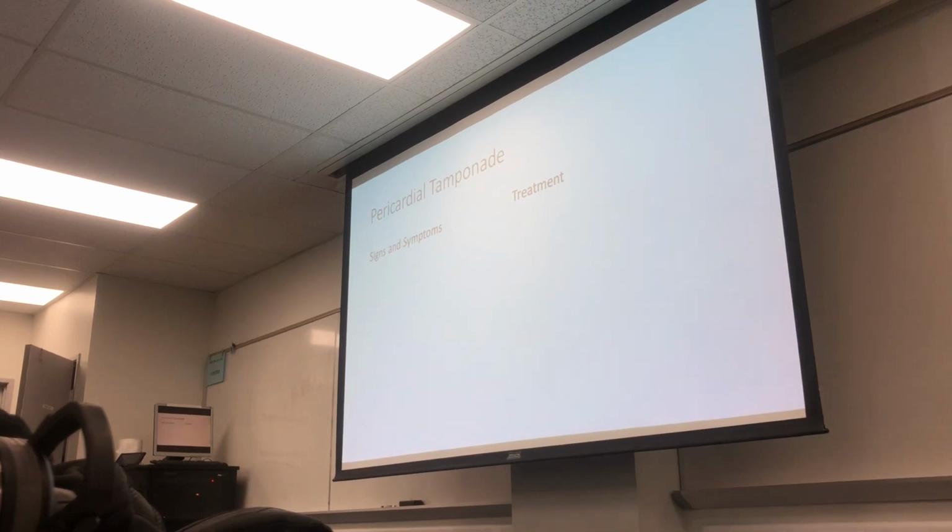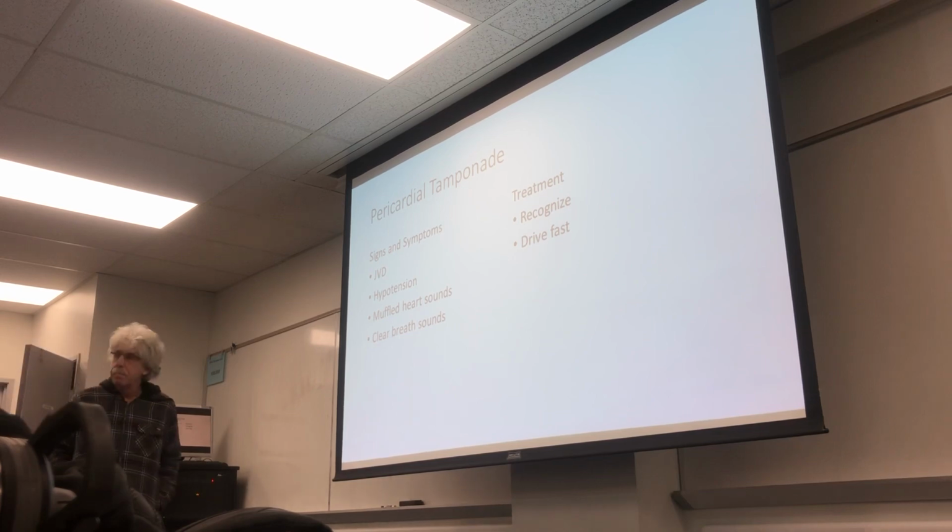Pulse pressure now. Narrowing pulse pressure. Next triad, besides narrowing the pulse pressure and jugular venous distension, we also have muffled heart tones. If you have questions, let me know.